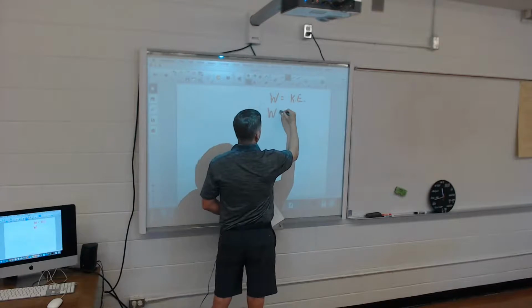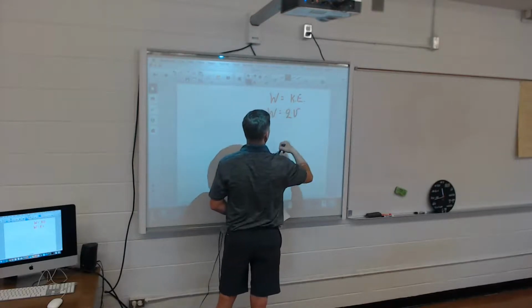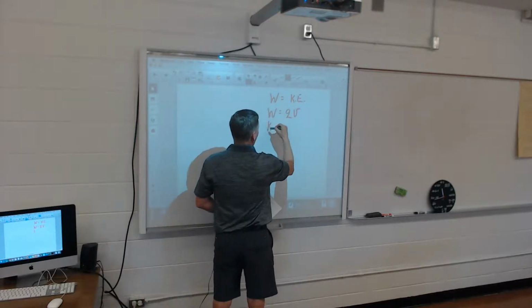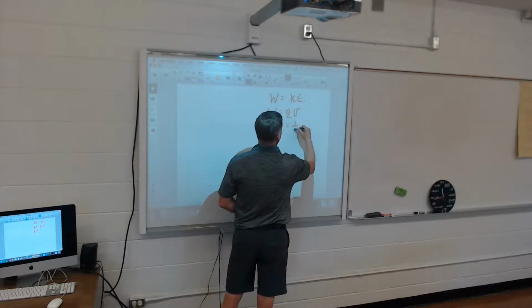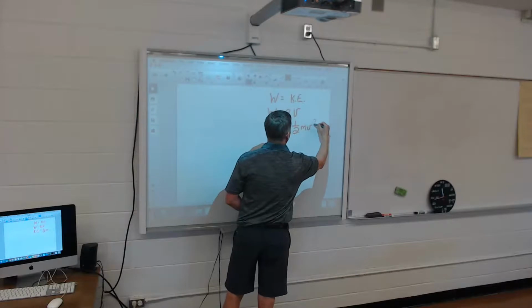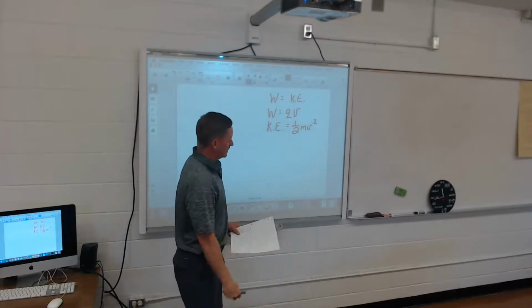So work is equal to charge times voltage. Kinetic energy is equal to 1/2 mv squared. So you may want to add those two just to that sheet. They are on your other formula sheet, but you might want to add them to this one.